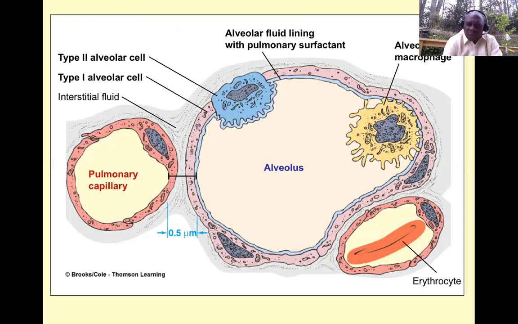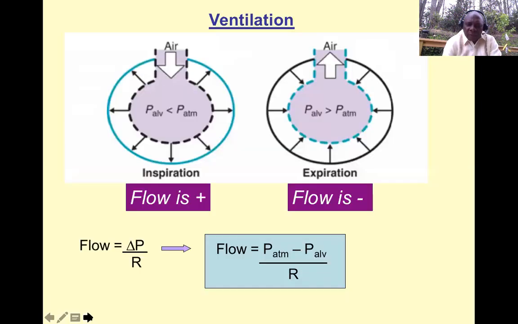And so the macrophage is there to control and prevent illegal entry into the body. So it's controlling entry of bacteria or microbes. All right, so with that, let's go to the next slide.